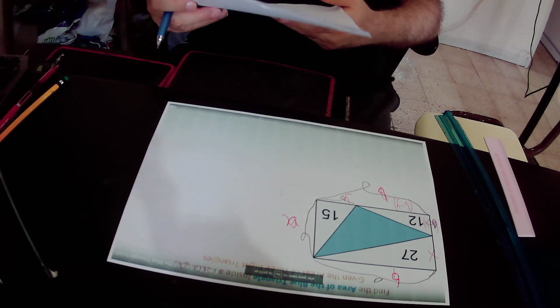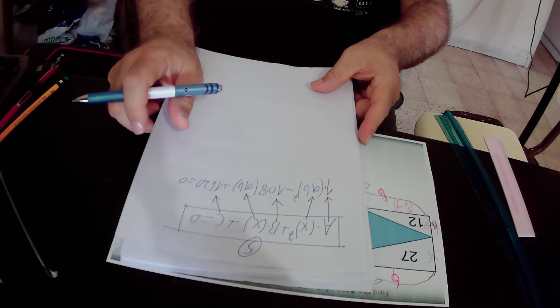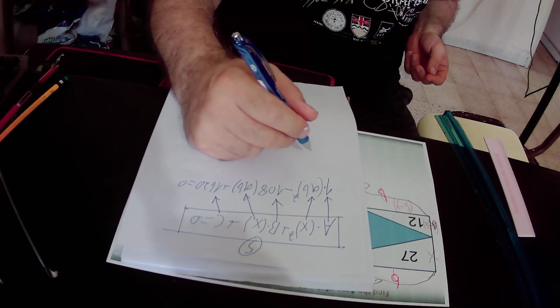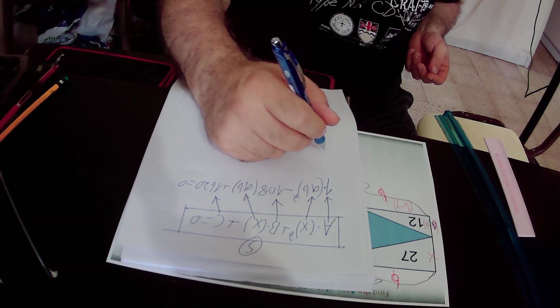So I will write down the values of the coefficients and the value of the variable in our specific quadratic equation.